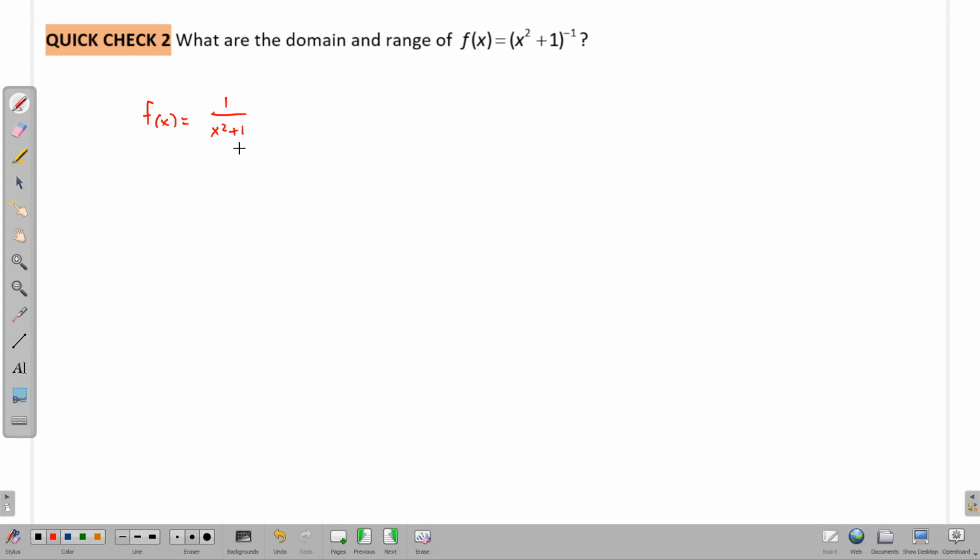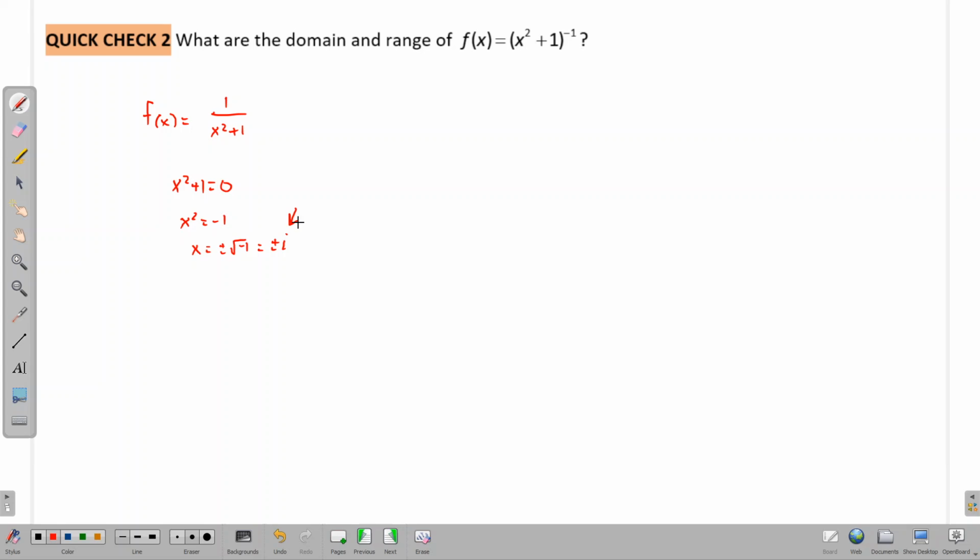So to find the domain, since it's rational, we know that bad things could happen if the denominator is equal to 0. So if we set that denominator equal to 0 and try to solve this, anything that solves this would need to be thrown out of the domain. Hopefully you can already see what's going on here, but we're going to end up with plus or minus the square root of -1, or plus or minus the imaginary constant.